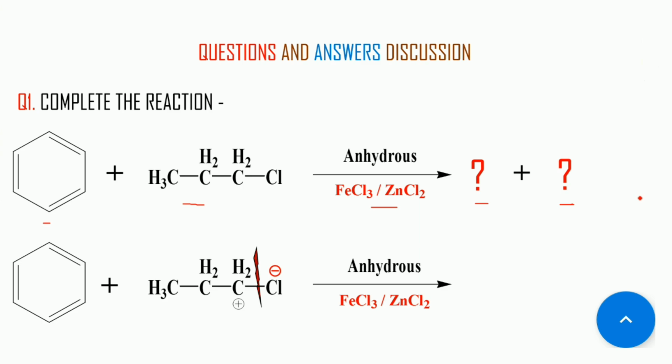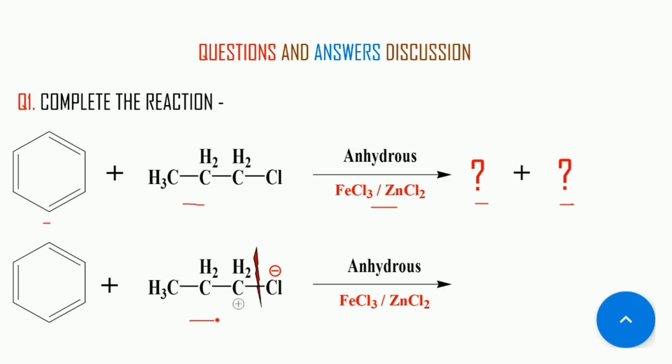So this electrophile will go for attack on benzene, right? But some students are a little bit confused, and I'm sure they thought today sir is explaining the mechanism totally wrong.